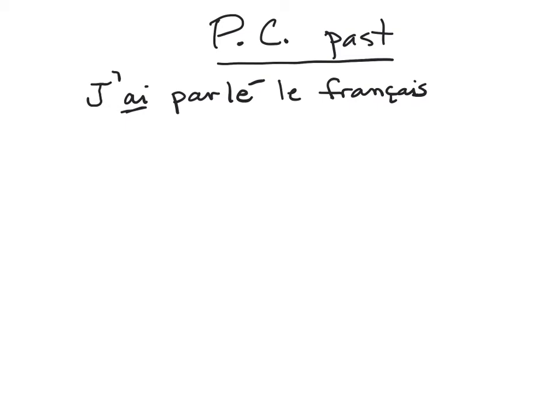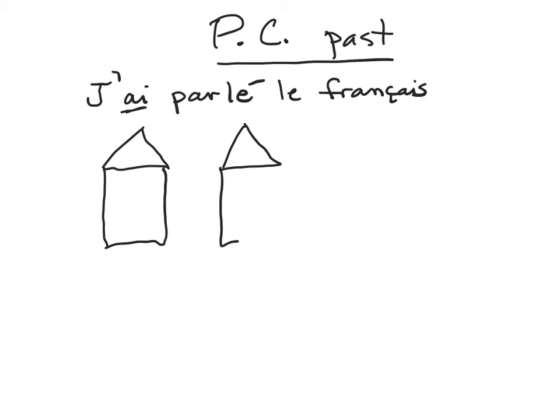So if you remember our fancy choice, we have either avoir or we have être. When we have to decide which helping verb to use, which auxiliary verb we're going to use, our little house rules. So avoir and être. So those are our two helping verbs.